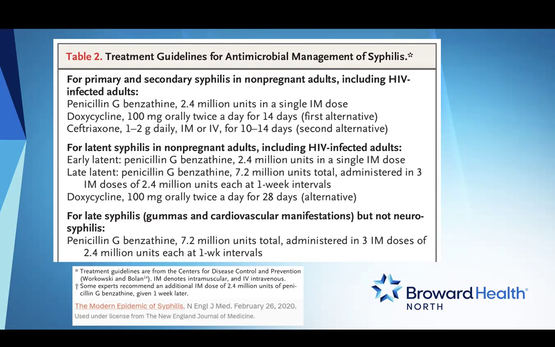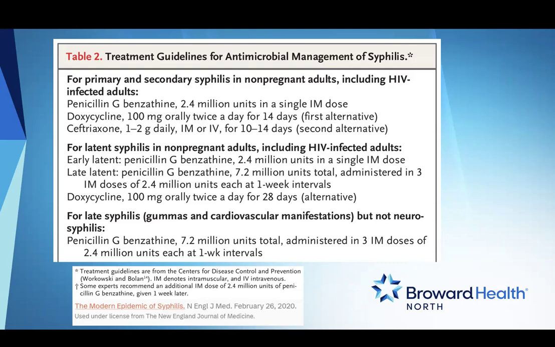In latent, what I noticed is that they increased the amount of units from 2.4 million to 7.2 million because they administer it in 3 different IM doses on consecutive weeks. So I'm not sure if there's any specific pathology behind this treatment, why they give three shots versus one on the other ones, because in the literature I couldn't find anything specific.